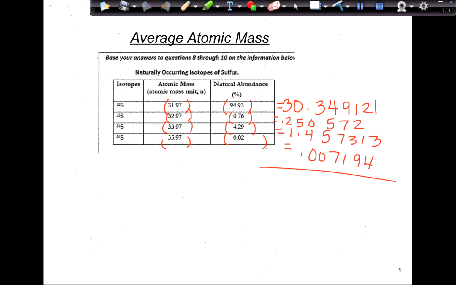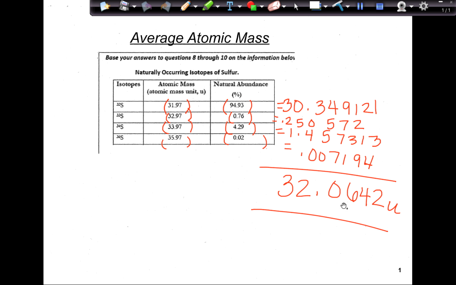30.349121 plus 0.250572 plus 1.457313 plus 0.007194. When we add all of those numbers together, we get 32.0642.